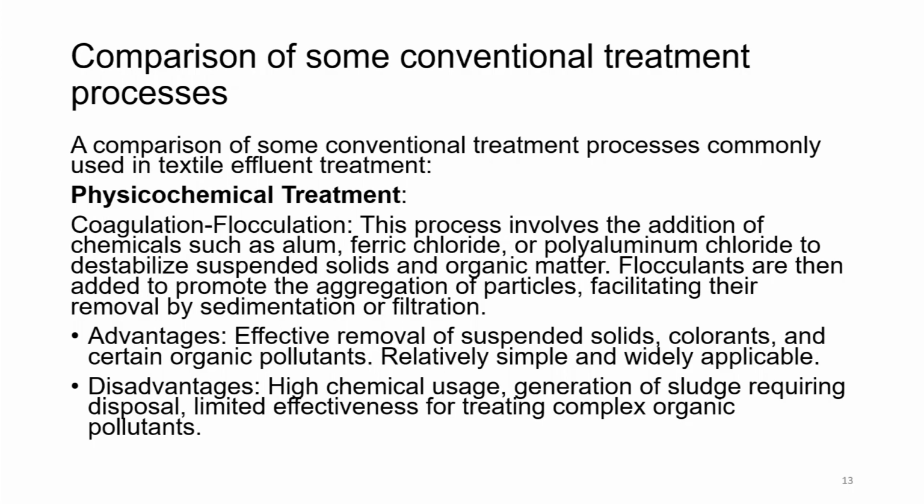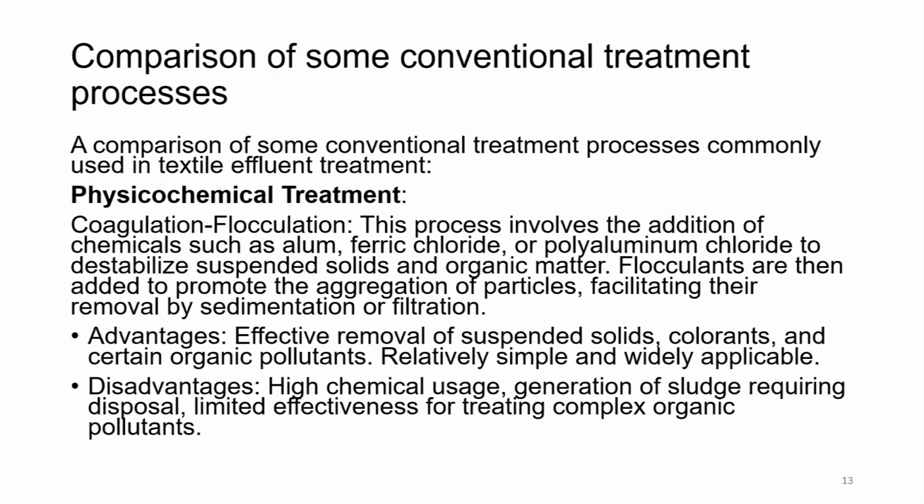Physicochemical treatment like coagulation and flocculation. What are the advantages and what are the disadvantages? This process involves the addition of chemicals such as alum, ferric chloride or polyaluminum chloride PAC to destabilize suspended solids and organic matter. Flocculants are then added to promote the aggregation of particles, facilitating their removal by sedimentation or filtration.